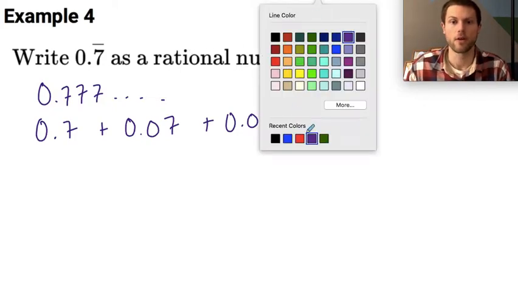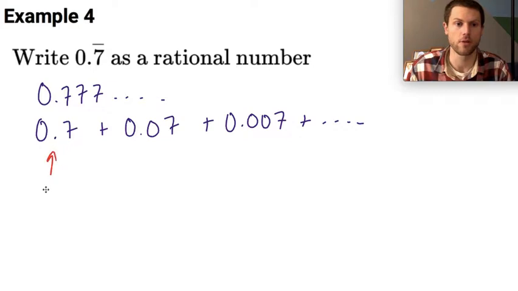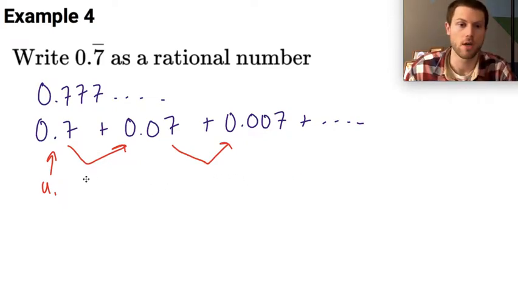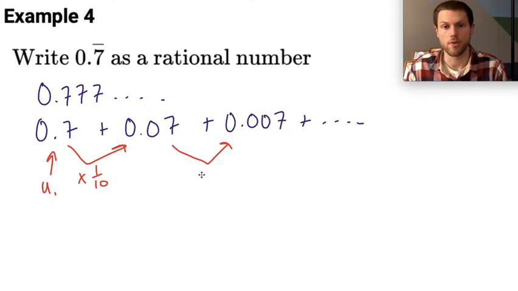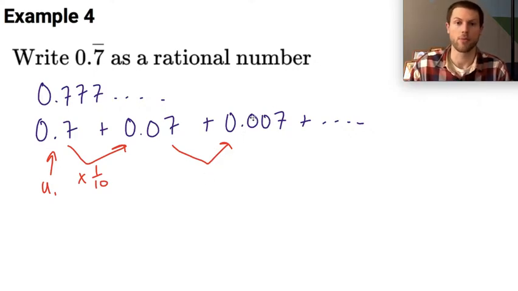And what I have here is a geometric series. Hopefully we can see that here's the first term, u sub 1, and the ratio, or the factor that separates all of these terms, is basically multiplying by 1/10. If I take 0.7 and multiply it by 1/10, I get 0.07. If I take 0.07 and multiply that by 1/10, I get 0.007.